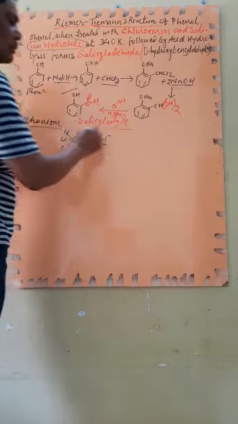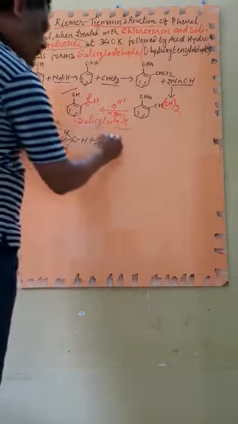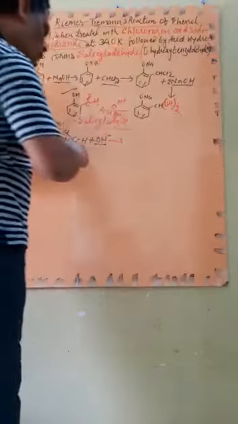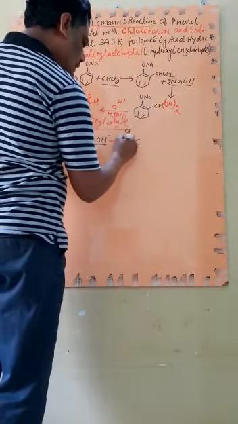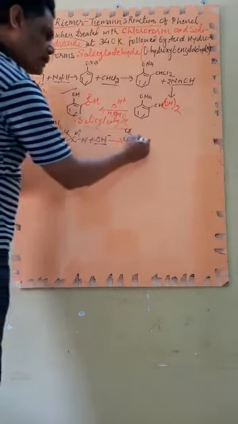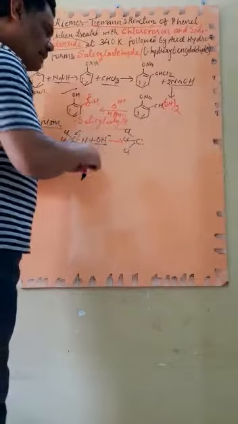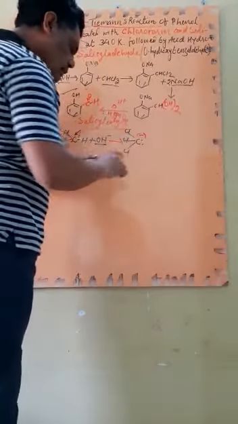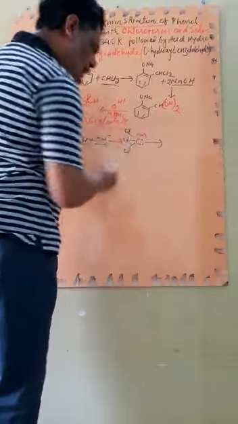This is generated from what? Sodium hydroxide. First it converts into CCl3 anion. The electron pair is gained by this one carbon, therefore there is a lone pair having what? Negative charge, which again dissociates.